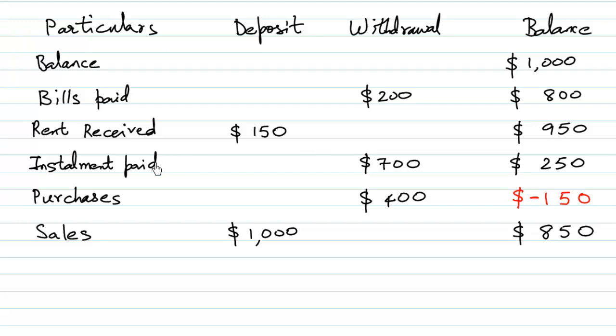Now suppose he pays an installment of $700. Then 950 minus 700 is $250. And suppose he further makes purchases worth $400. Now he does not have $400 in his account. He only has $250. So how can he purchase $400 out of the $250 balance? But certain accounts are given overdraft facilities.